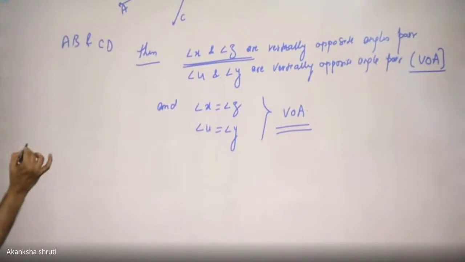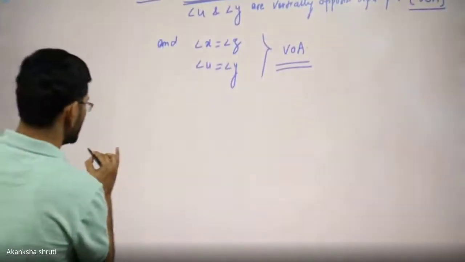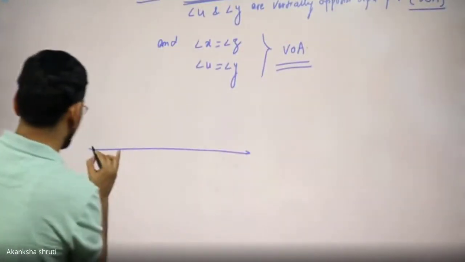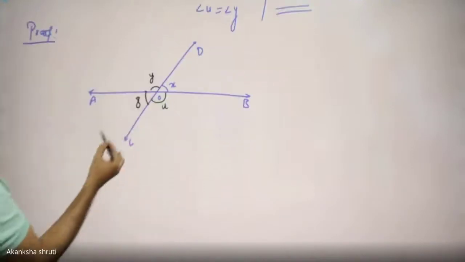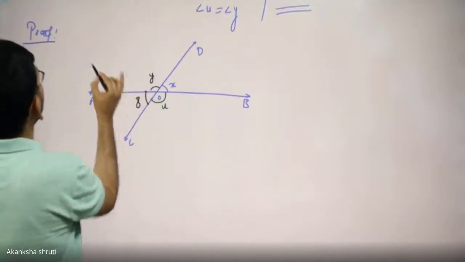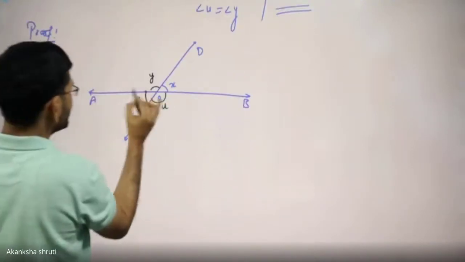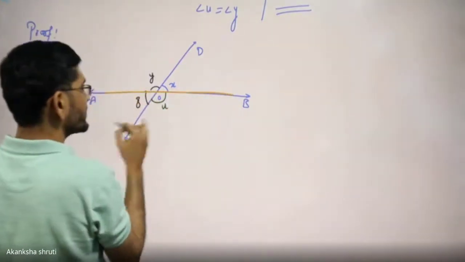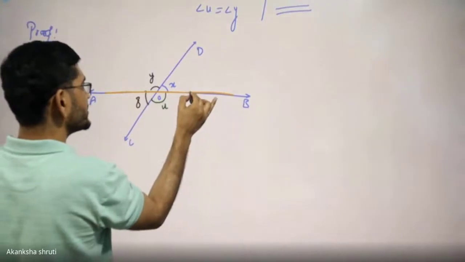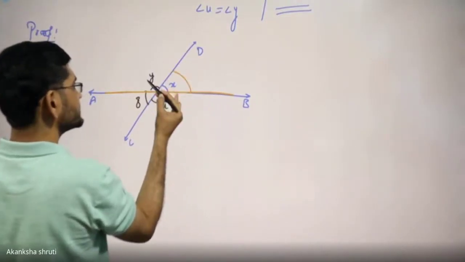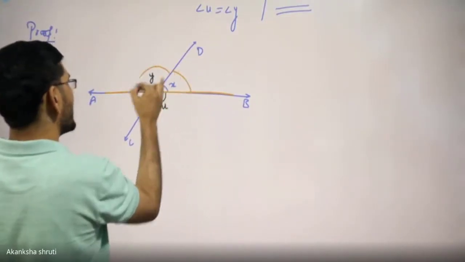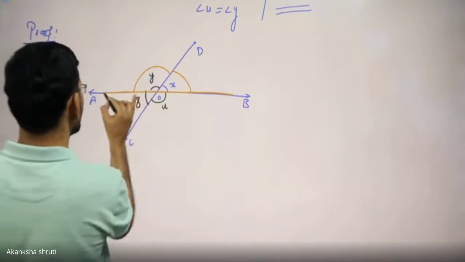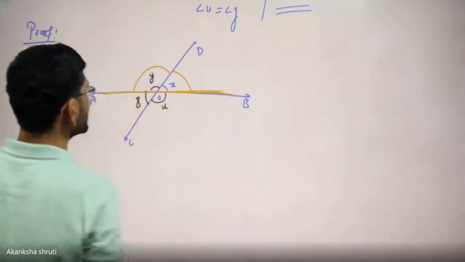Let us prove it. Students, let us redraw the figure. Let us consider the line AB here. While we are considering the line AB, from this we can write angle X plus angle Y as 180 degrees because it is a straight line.